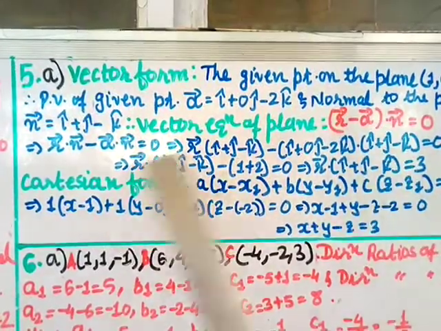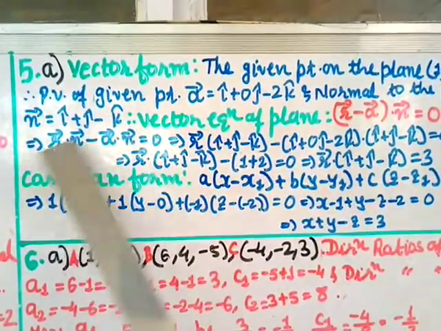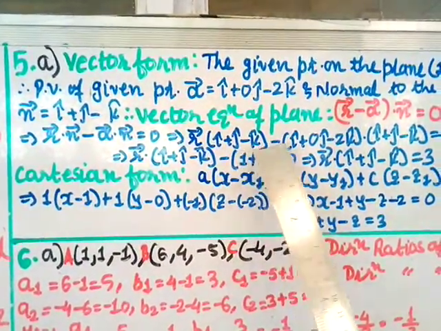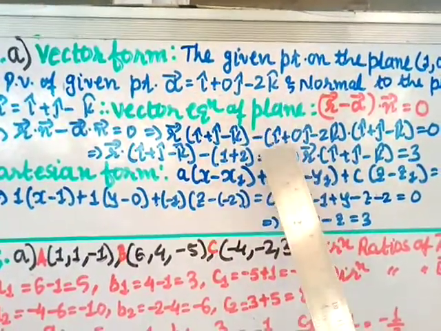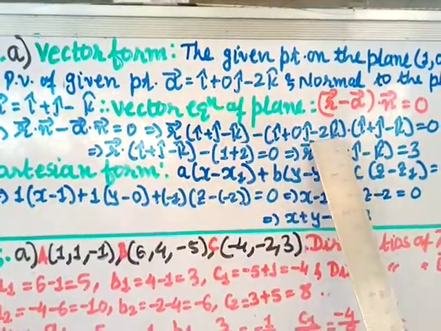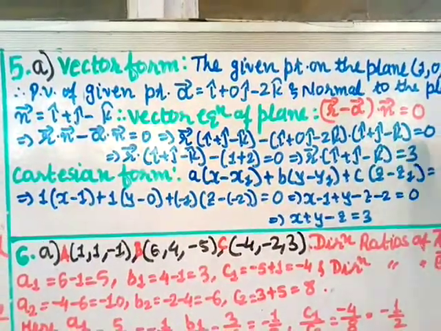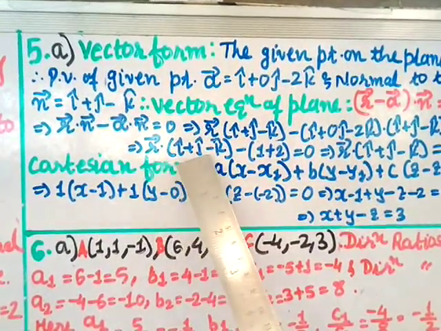So r dot n minus a dot n equal to 0 implies r as it is, vector n is given, place the value i cap plus j cap minus k cap, minus the position vector of the point we have written here, i cap plus 0 j cap minus 2 k cap, dot n, that is i cap plus j cap minus k cap, equal to 0.